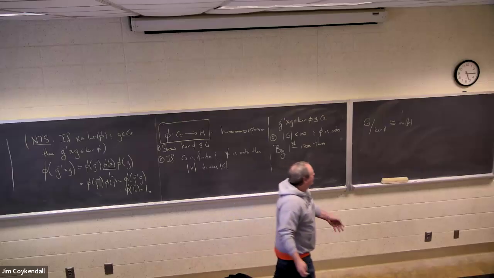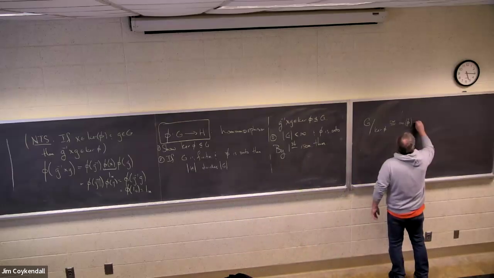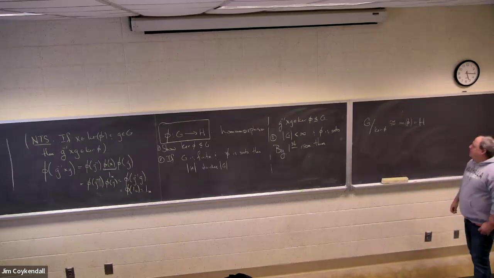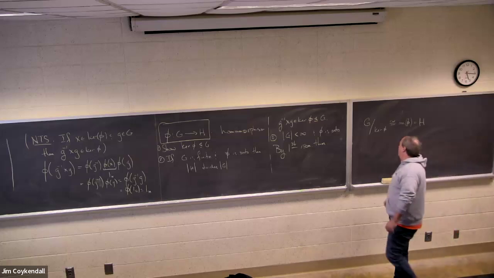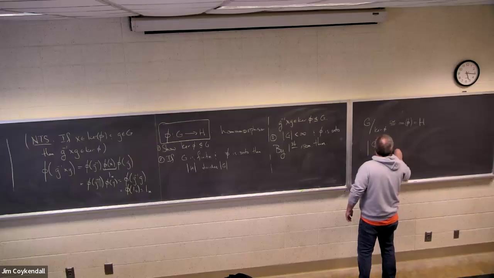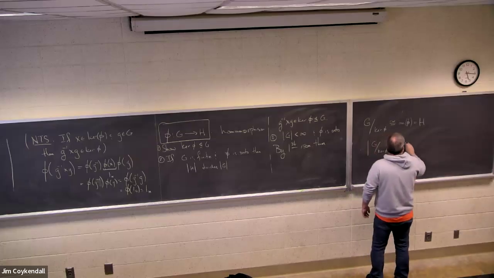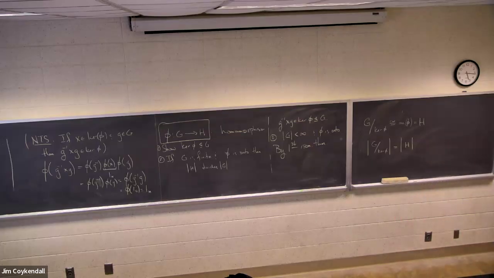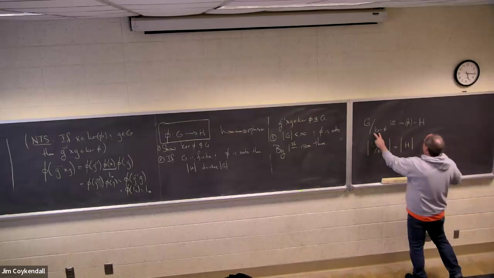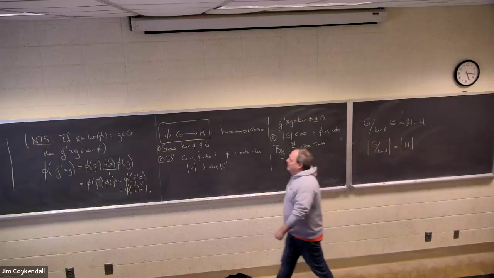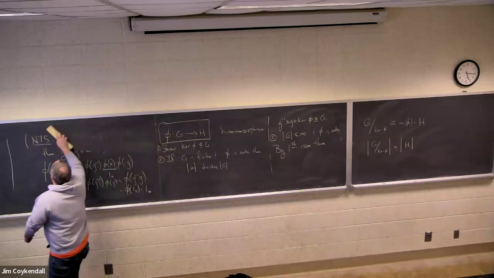Should be all of H. So the order, and now it's going to start to look like the right circumstance. Since these two groups are isomorphic, then their orders have to be the same, right? And here's the Lagrange theorem part.